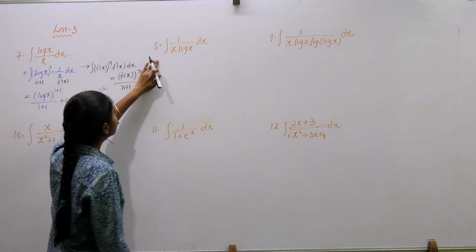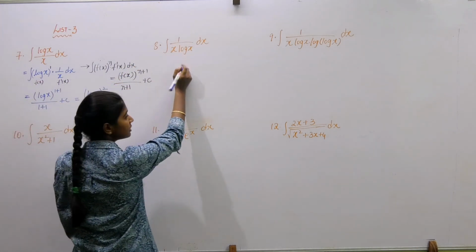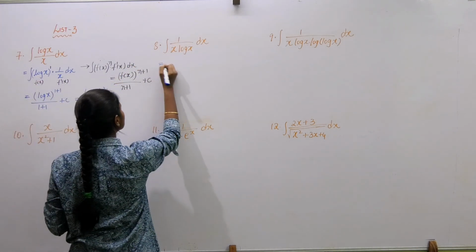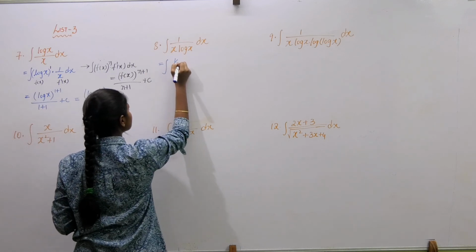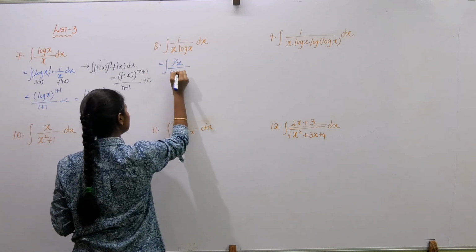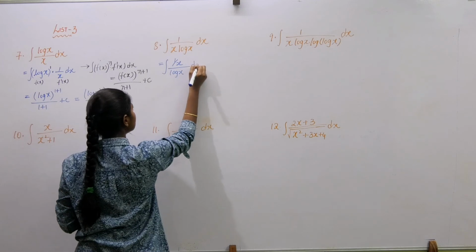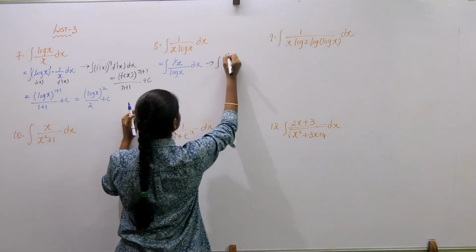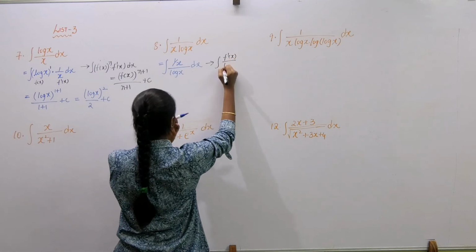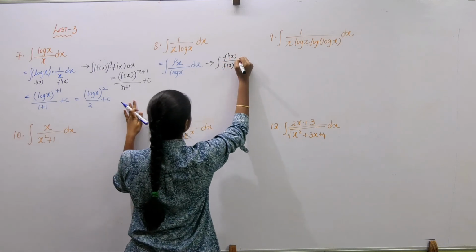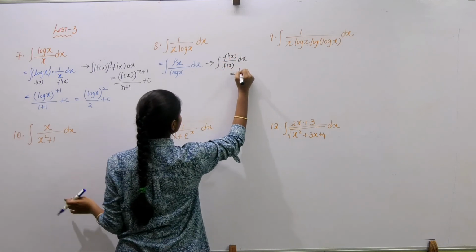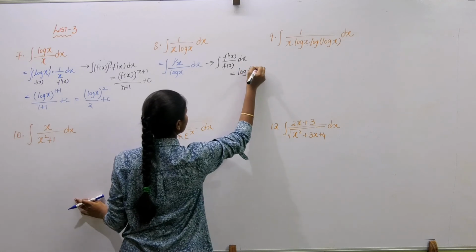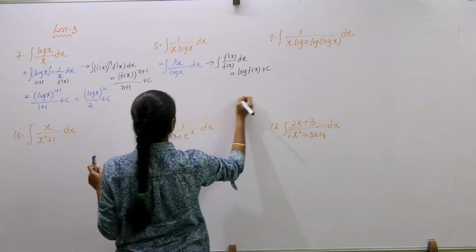Next, eighth one. Integral 1 by x into log x dx. To solve this, I write this as 1 by x by log x dx. Now, this is in the form of integral f dash of x by f of x dx. It is equals to log of f of x plus c.